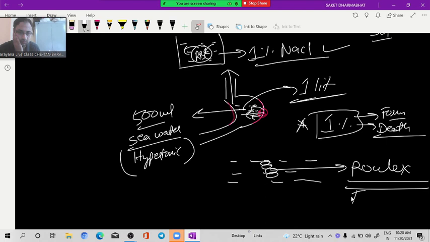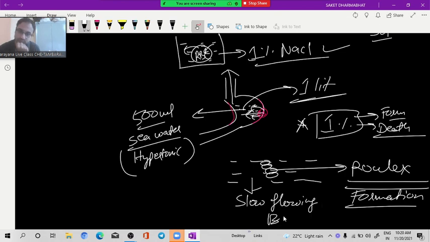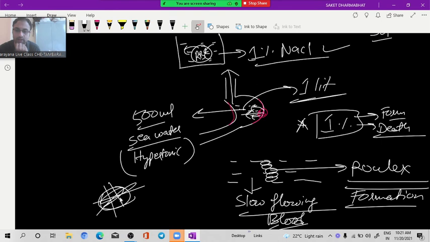Rouleaux formation. And in the spleen, RBC gets destroyed and converted into small bits. The small bits of RBC are called as what? Hemoconia.